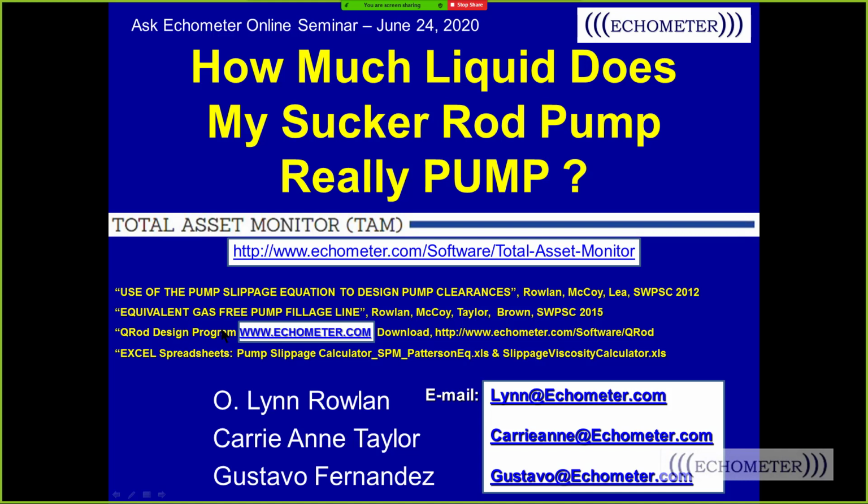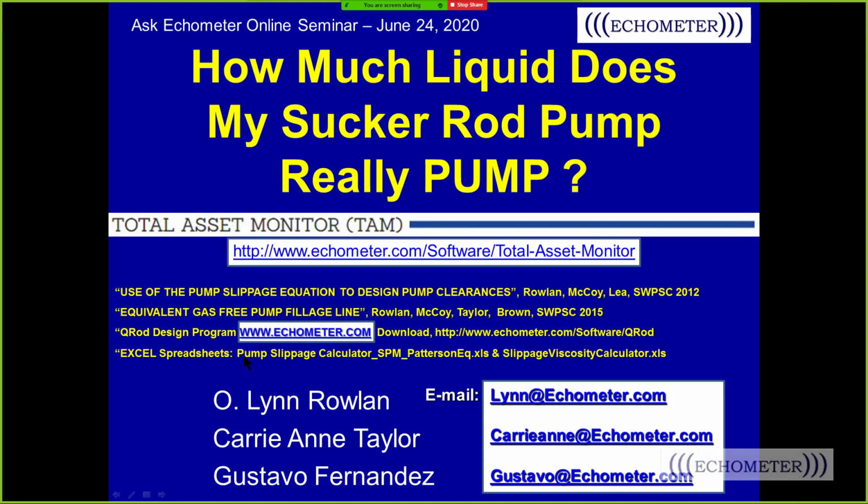And then we'll talk a little bit about the Q-Rod program that uses the pump clearances and other parameters to calculate the slippage and allows you to design your pump clearances and plan on the amount of slippage that you'll have when you run your pump in the well. And then this last reference here, there's a couple of spreadsheets that are provided.